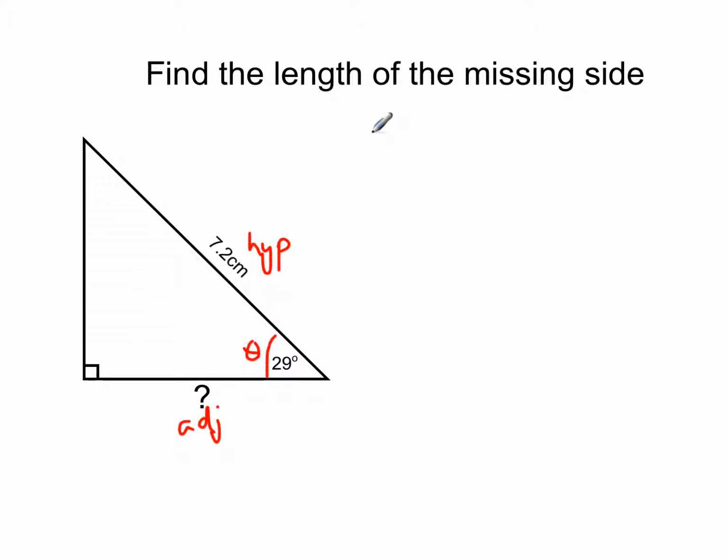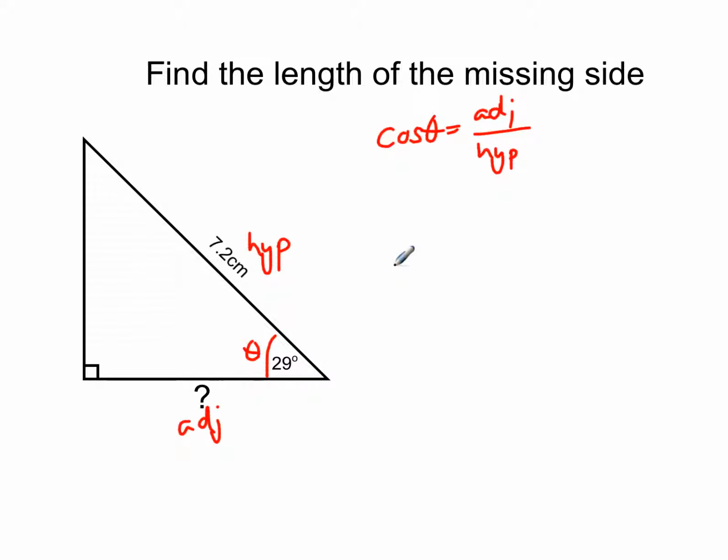Well, you should see that cosine of theta is adjacent over hypotenuse. So this is the one to use, cosine. If we use sine, that's opposite over hypotenuse. We're not interested in that, and it's not given, so it doesn't come into play here.